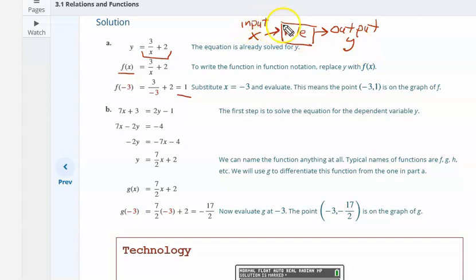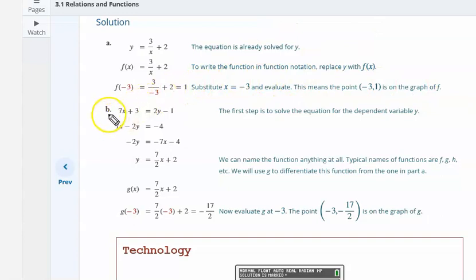So input x into the rule. x is often referred to as our independent variable, and y is the dependent variable. Depending on what x is determines what y will be. Okay. All right, let's clear this up and go on.